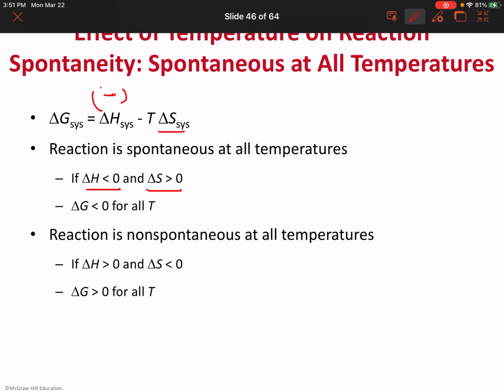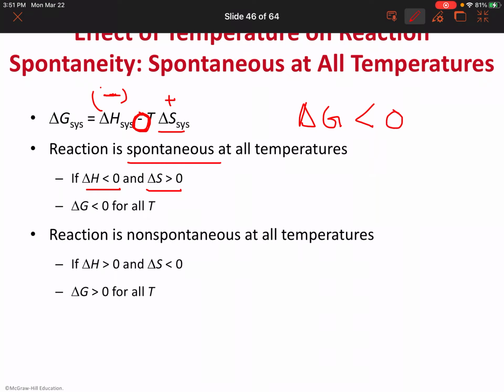If delta S is a positive value, that positive times this negative makes the term negative. So you have a negative term here and a negative delta H value. Two negative numbers add up to another negative value. If delta G is less than 0, it is spontaneous.